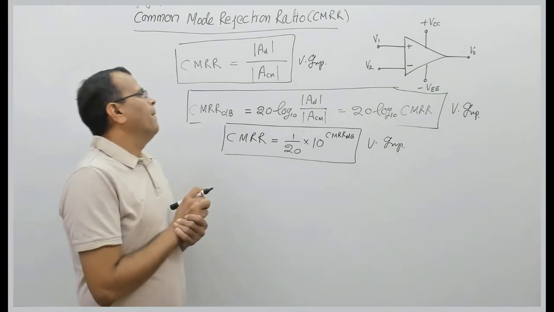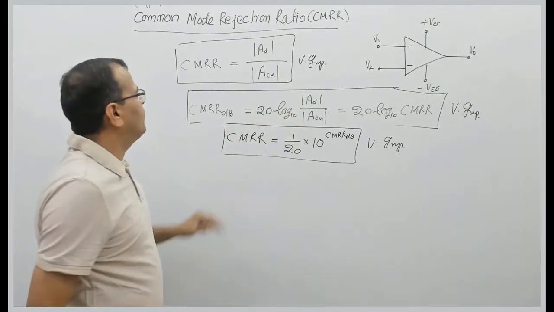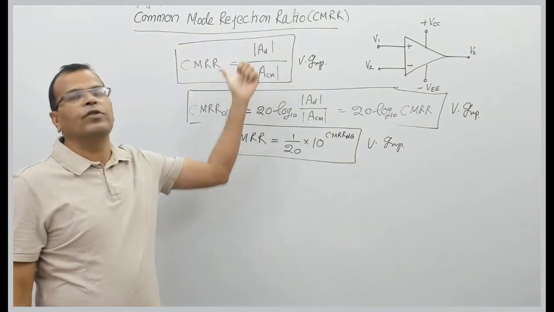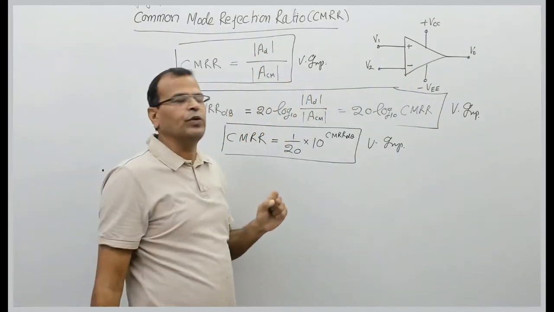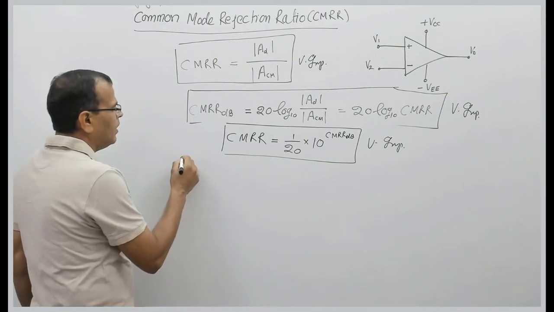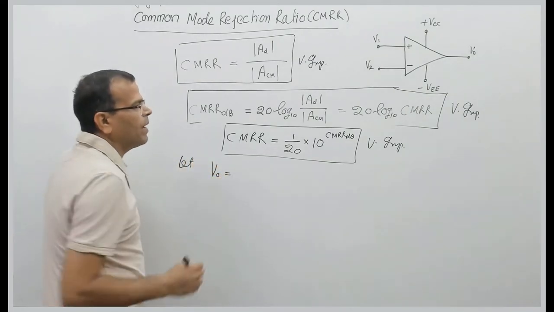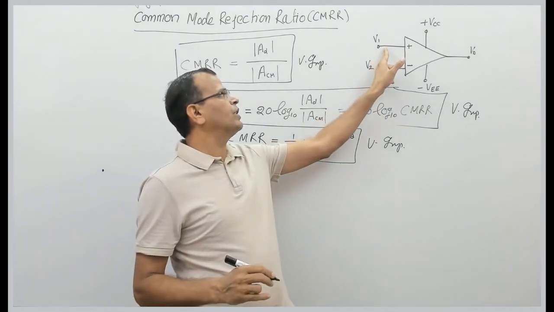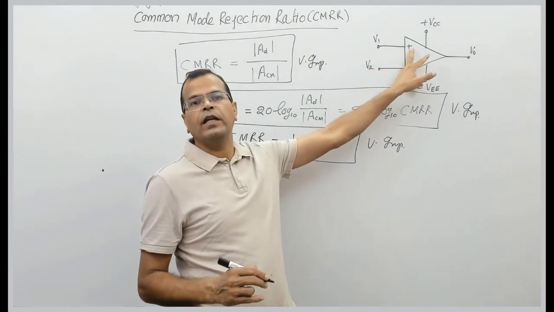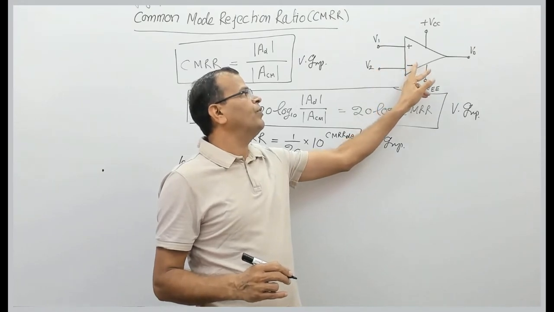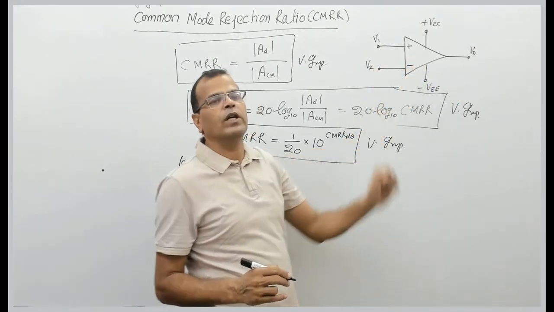Now we will proceed further to find the output voltage of op-amp in terms of common mode rejection ratio. Let us see that. Let the output voltage of op-amp be a function of voltage V1, which is the input at the non-inverting terminal, and voltage V2, that is the voltage at the inverting terminal.